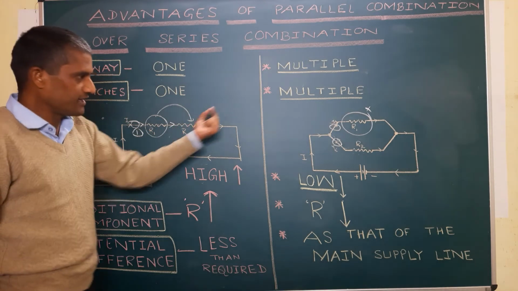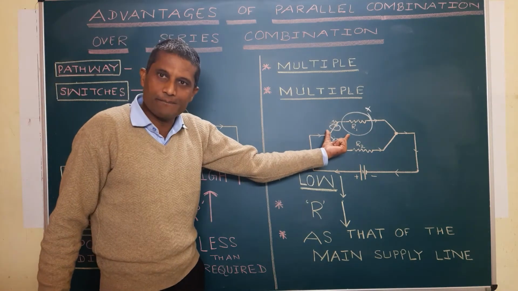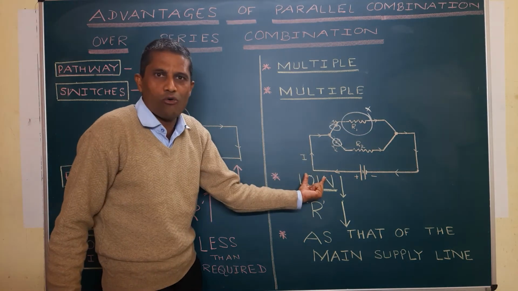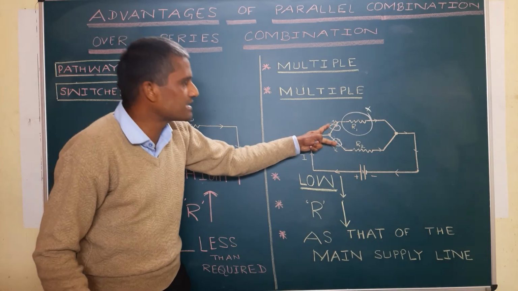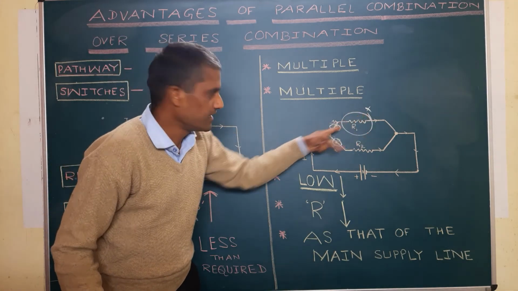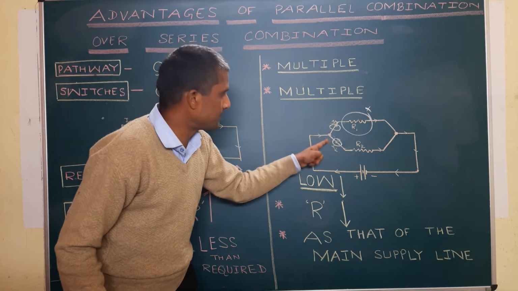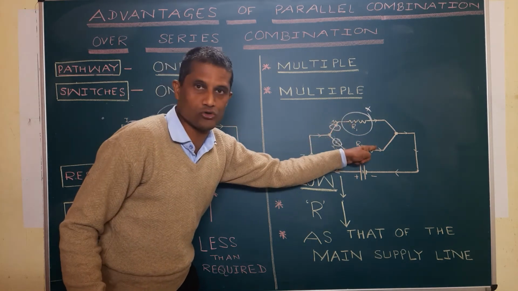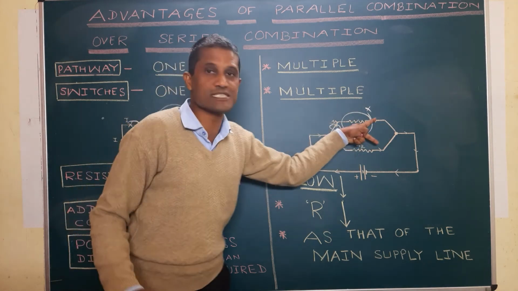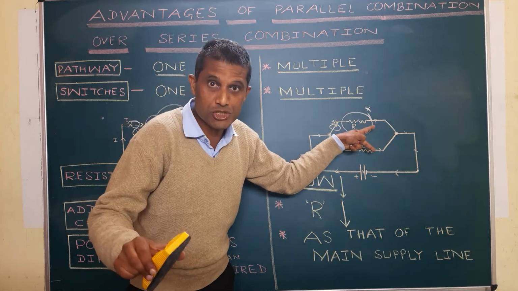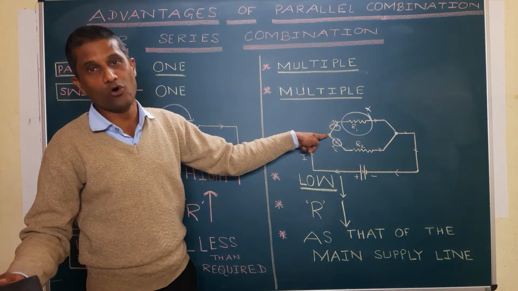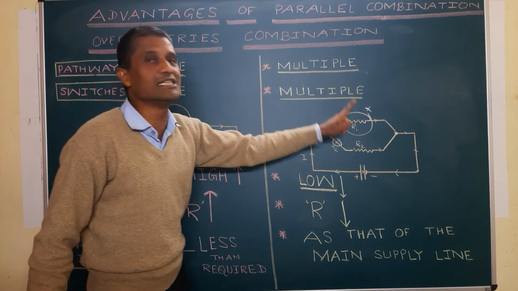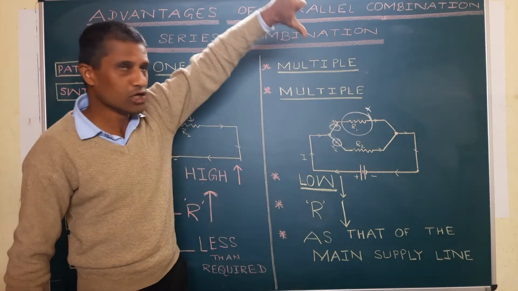Here in parallel combination, the resistance is low. Why? Because the vehicles have multiple choices. A vehicle can go this way, or that way. There are a number of choices. It means hindrance or opposition to the traffic is going to be very, very low. And that's why resistance in parallel combination is low.